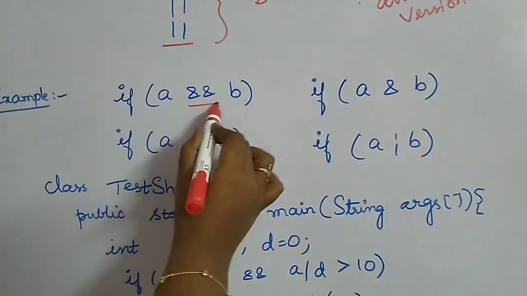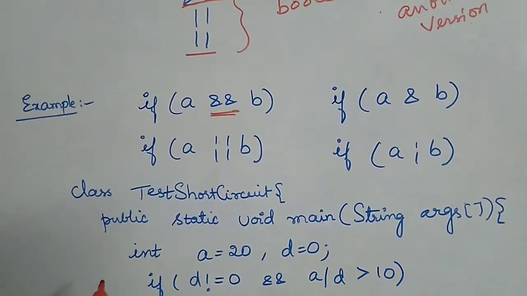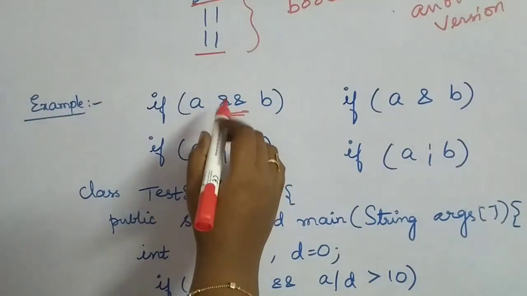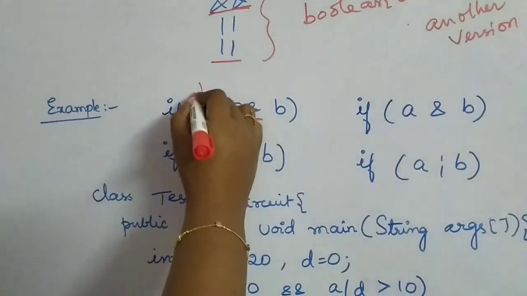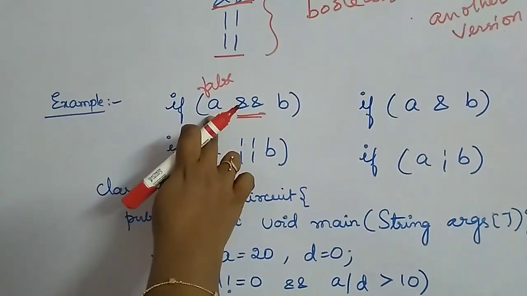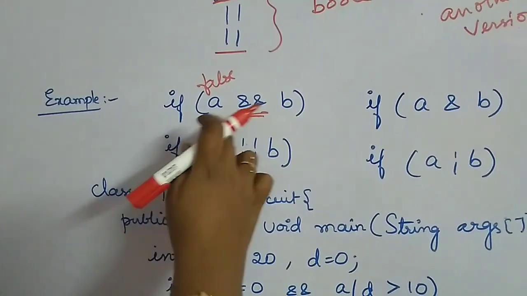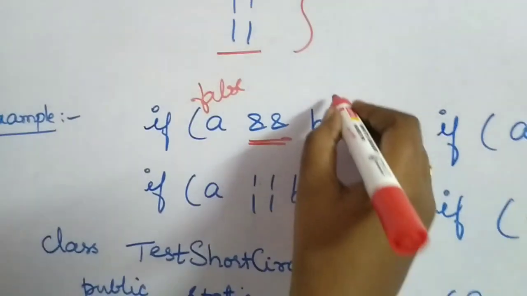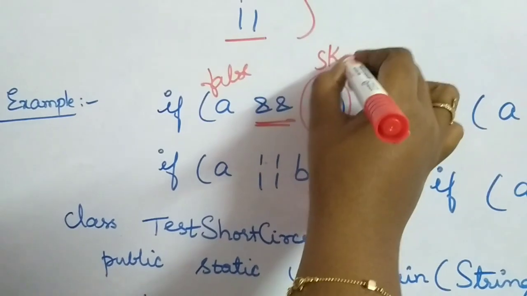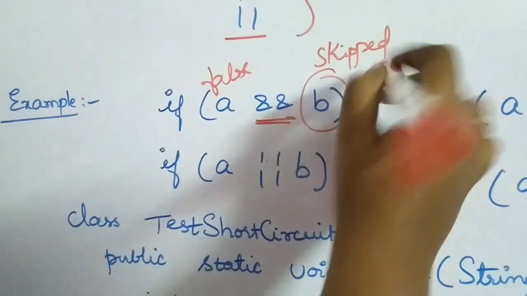So when I use this short circuit AND, in case A's value is false, what will happen is, since we have used a short circuit operator, this evaluation will be skipped. Why?